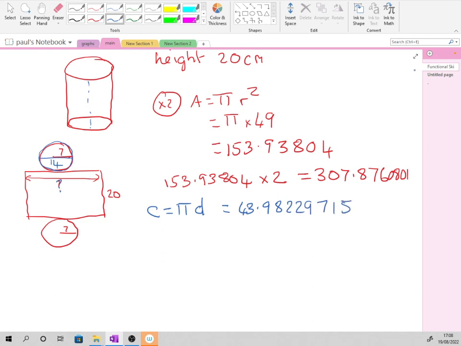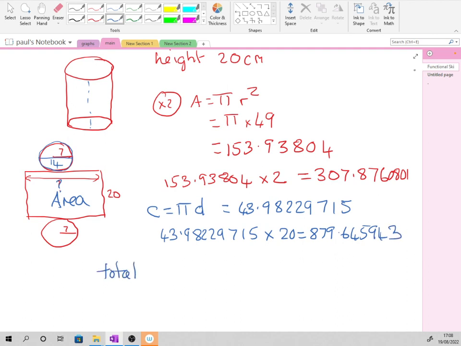Now, the area of that bit is going to be 43.98229715 times 20, which equals 879.645943. Now keep that in the calculator, because the total surface area is going to be this number plus the 307.